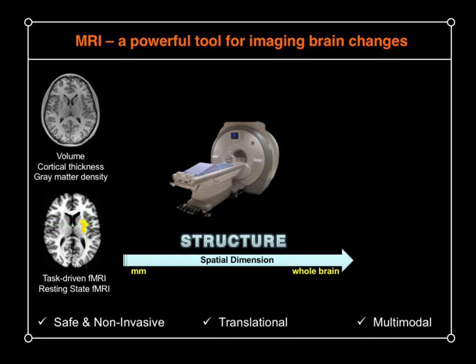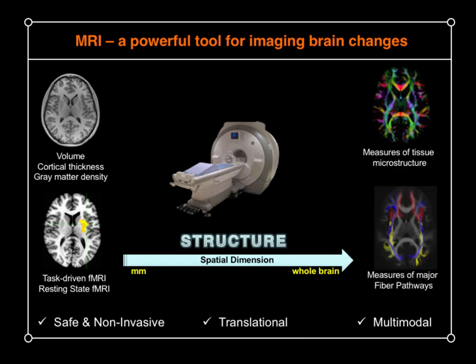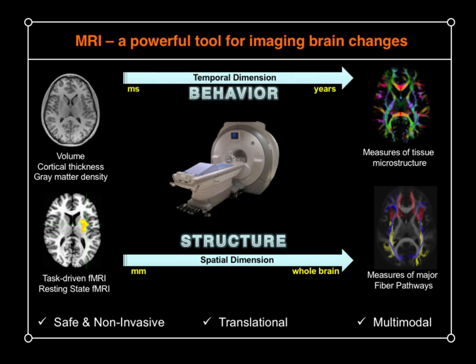You can look at how spatially distant regions are communicating with each other. If you tweak it and make it sensitive to the diffusion of water molecules, then you have a really novel way of looking at tissue microstructure, looking at the major fiber pathways in the living human brain. So this is what makes MRI so powerful. This is the structural aspect of it.